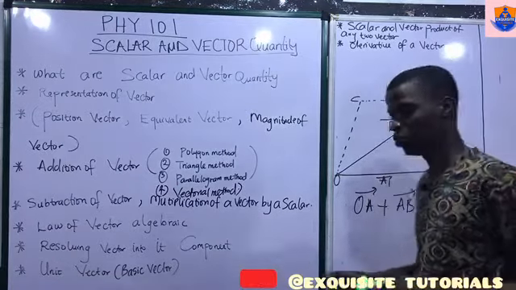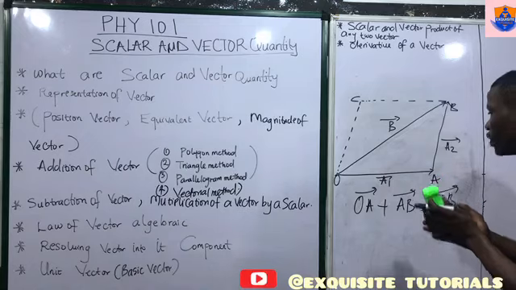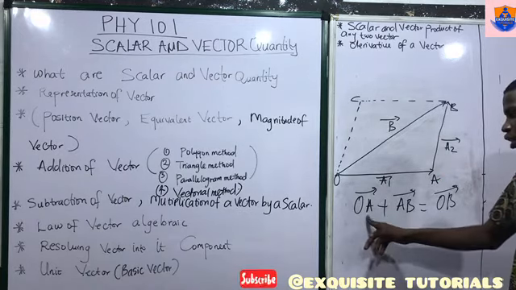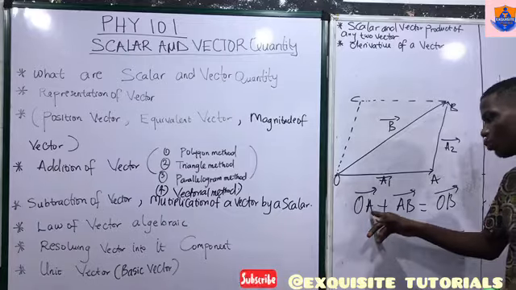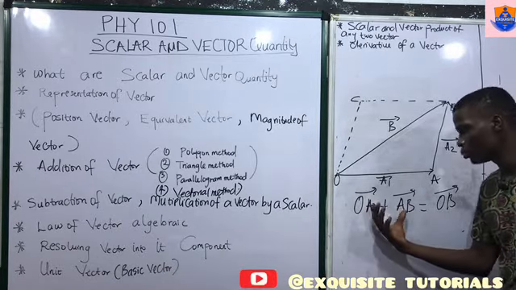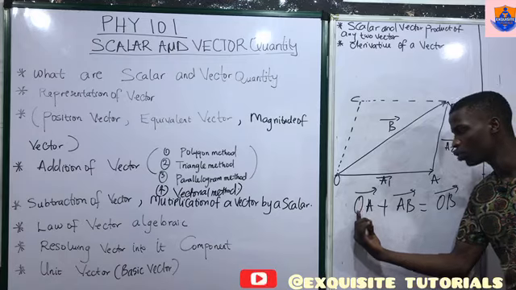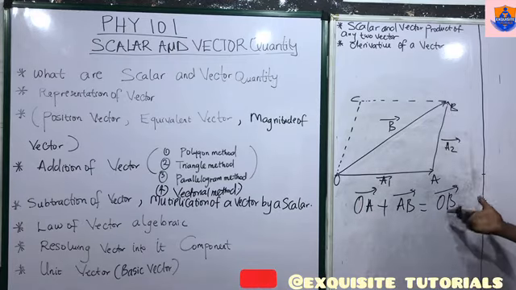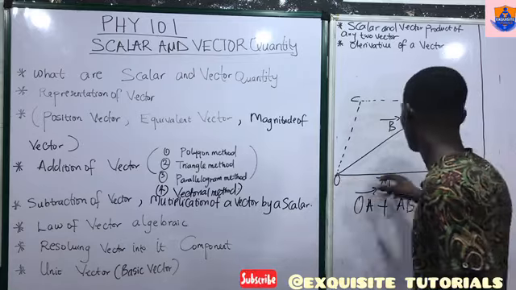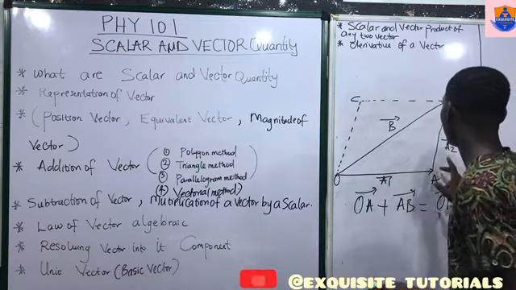If you want to do some estimation on this, you will notice that it moves from O to A, then from A to B. You can just remove these two A's, and you'll be left with OB, the resultant. So it moved from O to A, then from A to B.